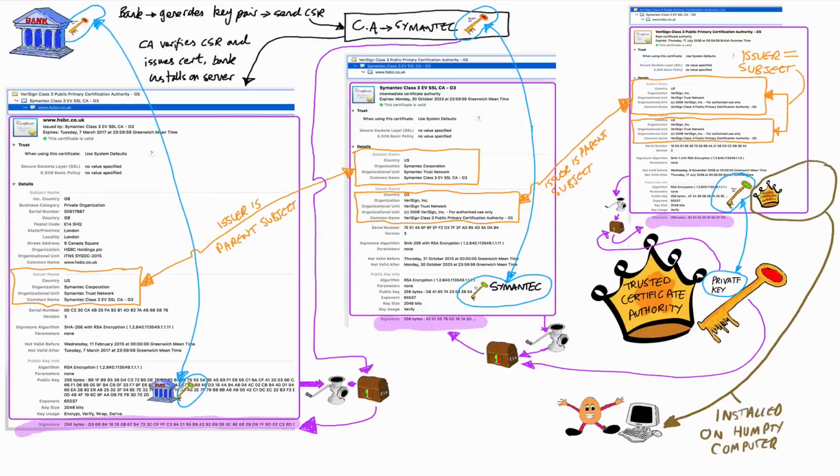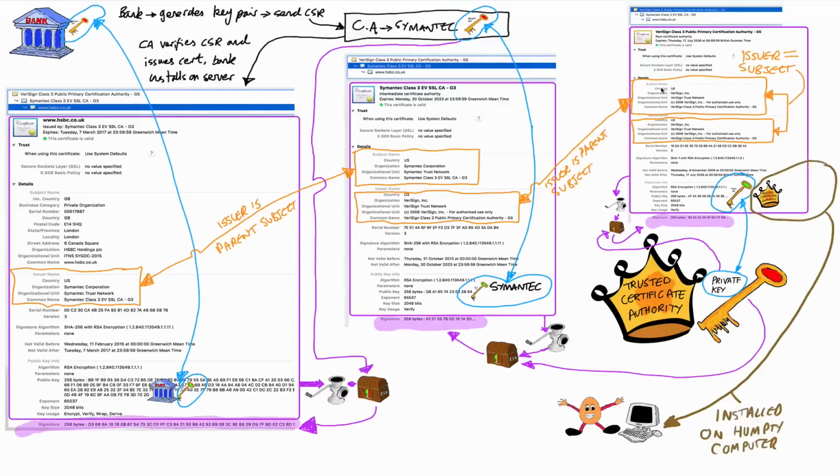Humpty Dumpty has a machine running, let's say, Google Chrome, and that installation of Google Chrome, out of the box, when he bought the computer, already had this certificate installed in the browser. What that means, let's have a quick look at this. I hope you can see it properly.